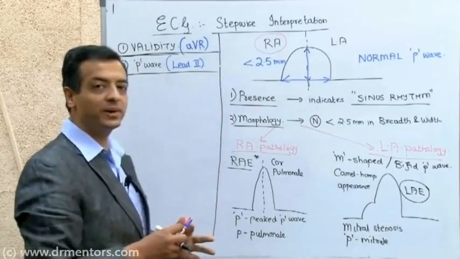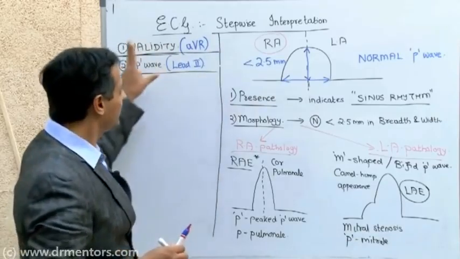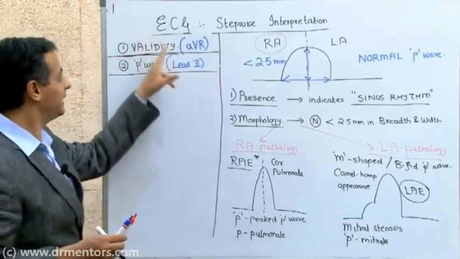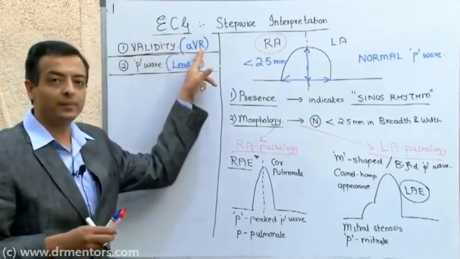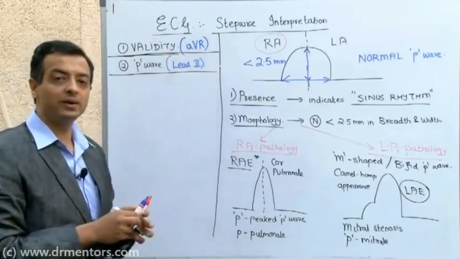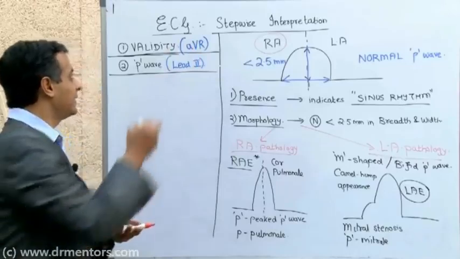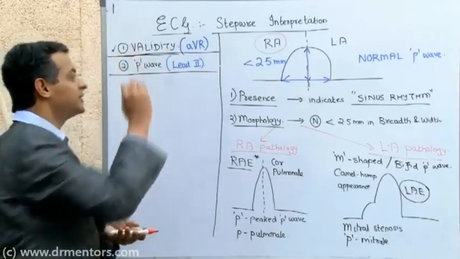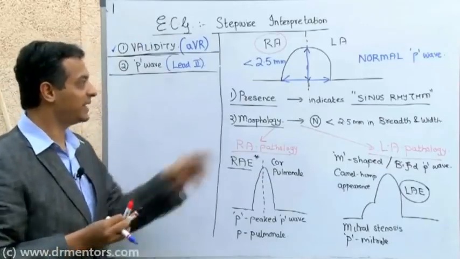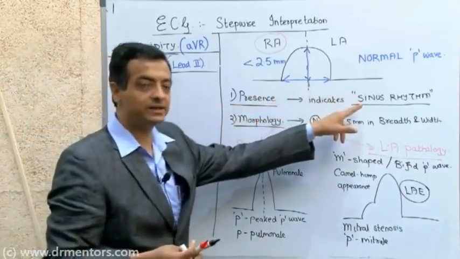These are the important points here. So when we look at first ECG, how to read ECG? ECG is in the lead AVR. The P wave is inverted, confirming normal lead placement. Once this step is done, I come to step number 2. In lead 2, P wave is present, indicating sinus rhythm.